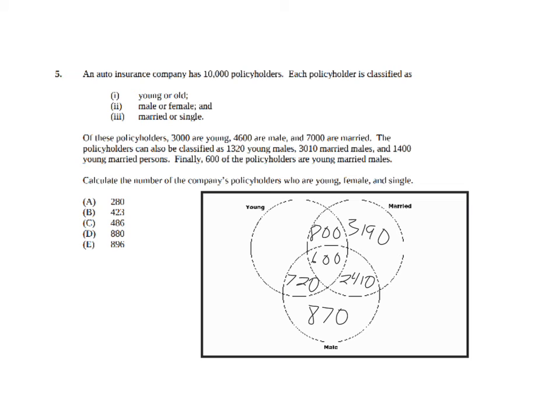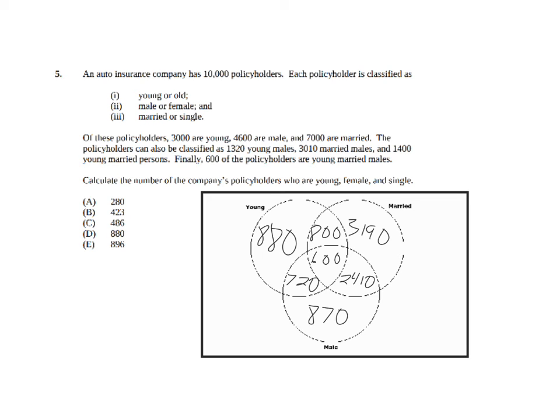And in our last circle, of those that are young, we will have 880 in that space in the circle to make all those add up to 3,000. Now, this does not entirely add up to 10,000.